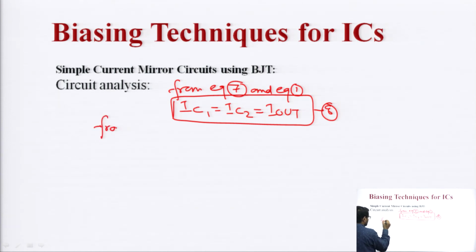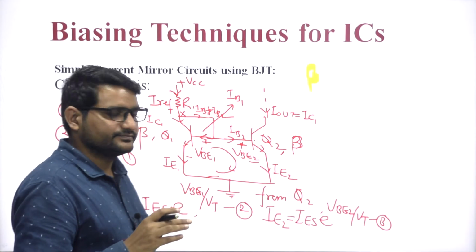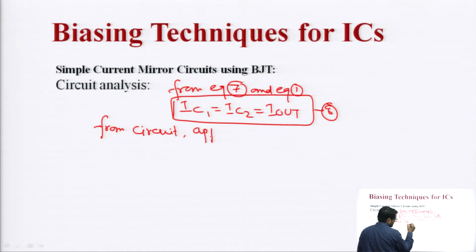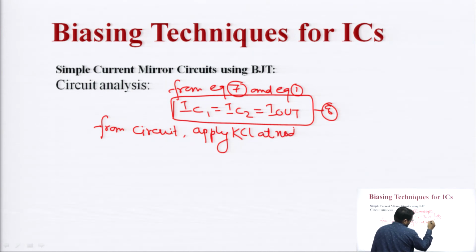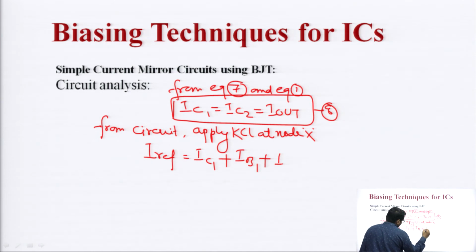From the circuit, we consider node X and apply KCL at node X. That is, I reference is equal to IC1 plus IB1 plus IB2.